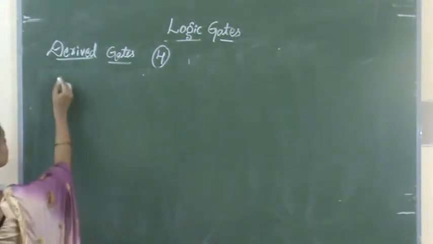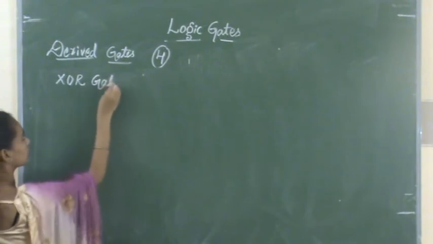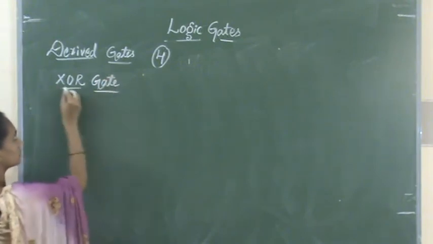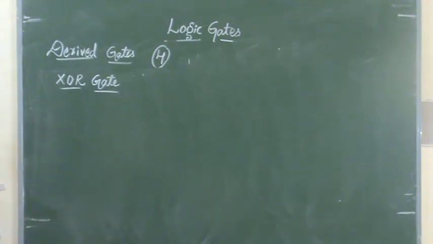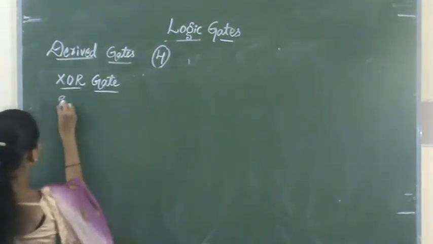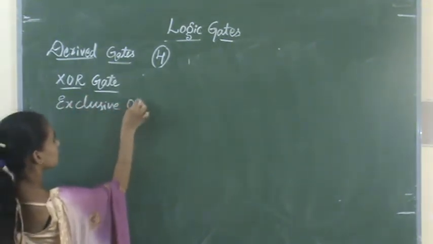So the next one is the XOR gate. We call it exclusive OR.